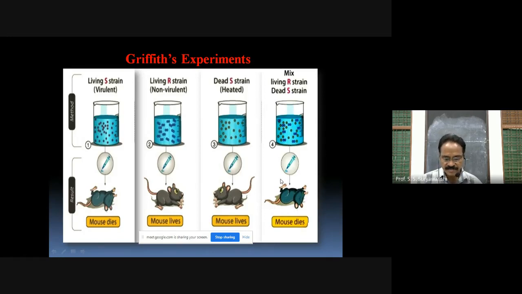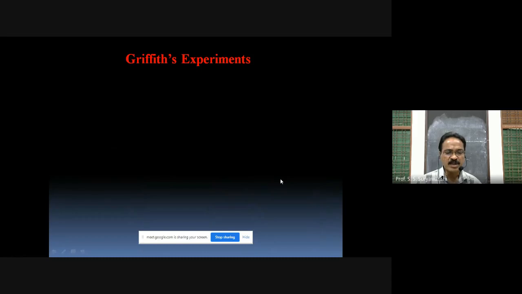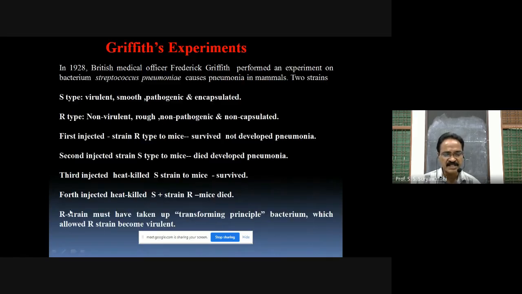So in this way, we can say that the conclusion of the Griffith experiment is that the R strain must have taken up, that is picked up, that particular factor, the transforming principle, which allowed the R strain to become virulent.